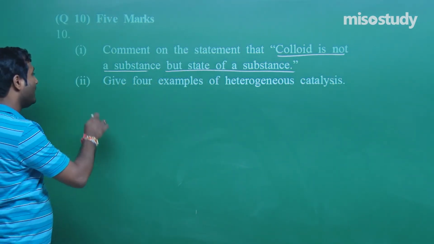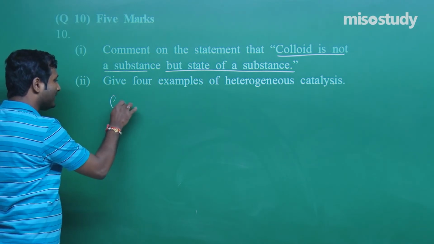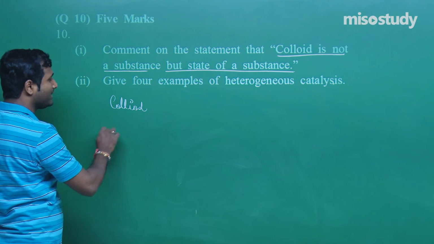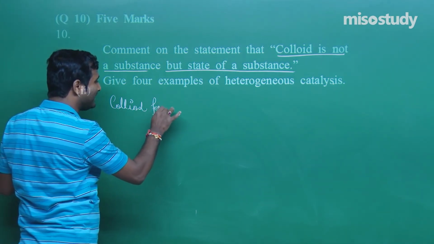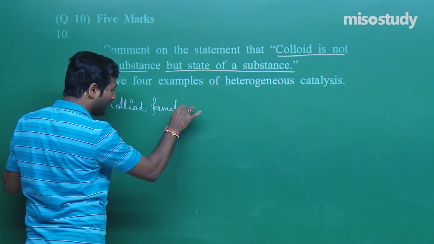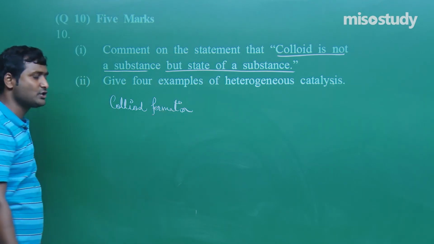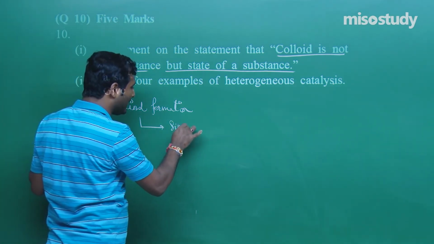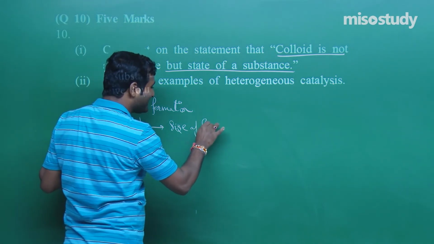What does it mean? Colloid formation depends upon the situation and the size of the particle, my friend. Again I am repeating, colloid formation depends upon the size of the particle and the situation.